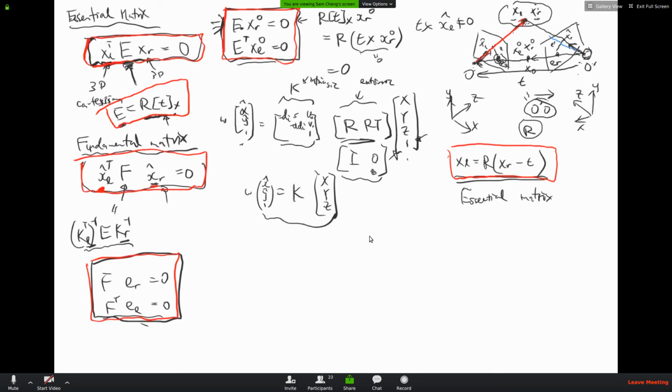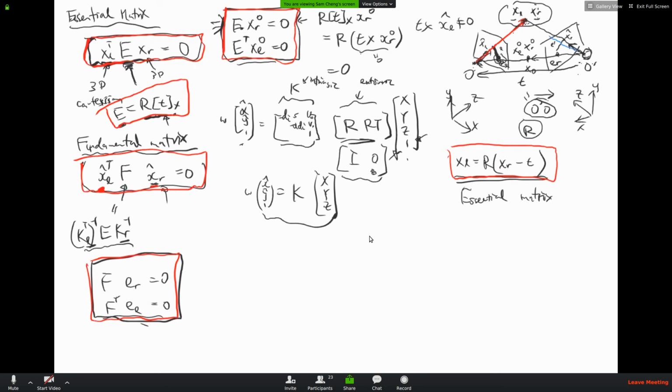Now, okay, I need to digress very quickly. Consider a line here, for example, a line equation. I need to describe a line, because I need some representation for this epipolar line.